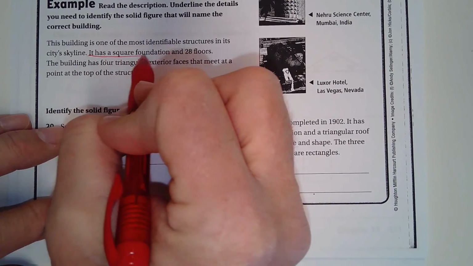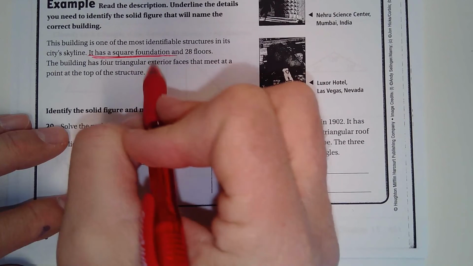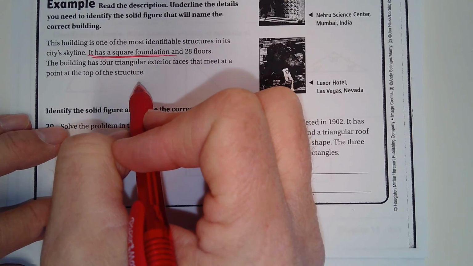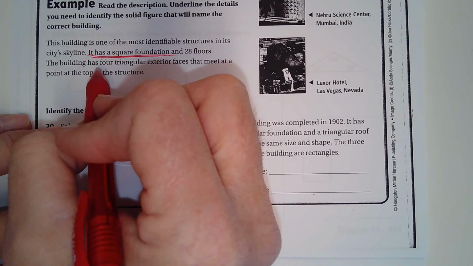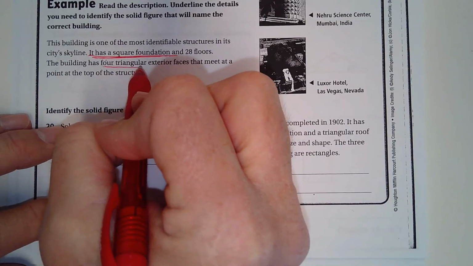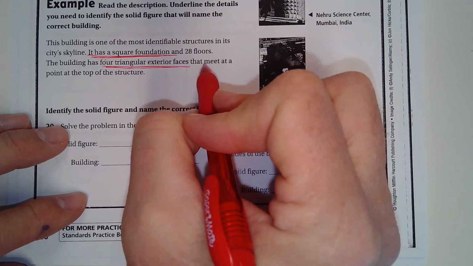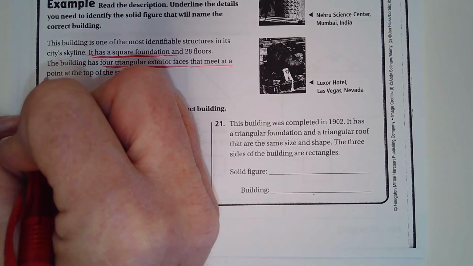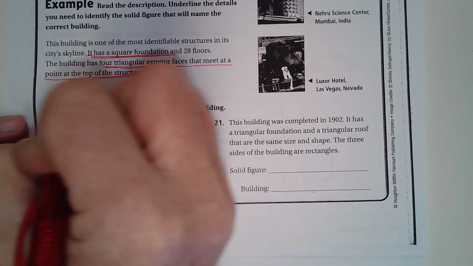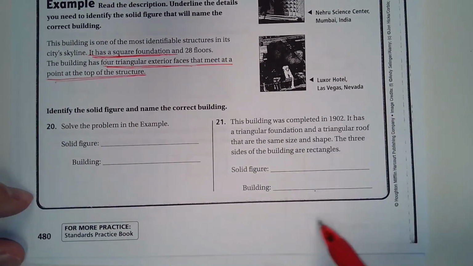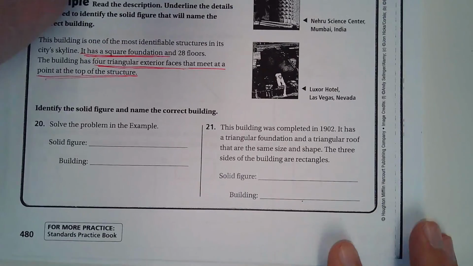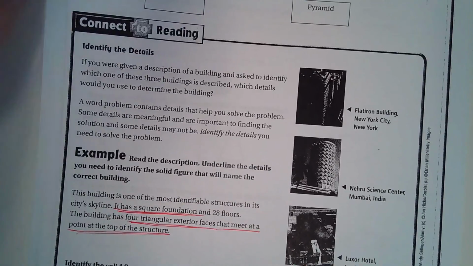It has a square foundation. That's important. The building has 4 triangular exterior faces, and that meet up at a point at the top of the structure. That's going to help you answer some of these questions. So anyways, do that last page for homework. And I'll end this video here.